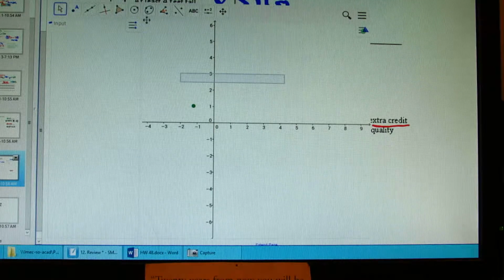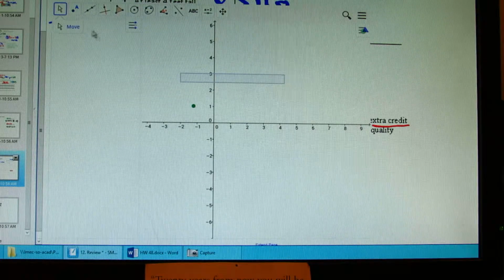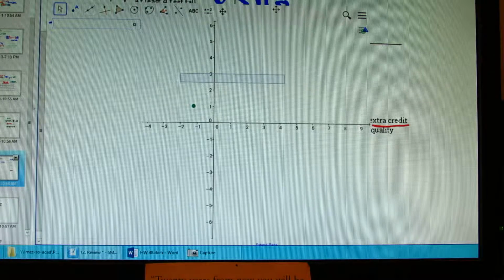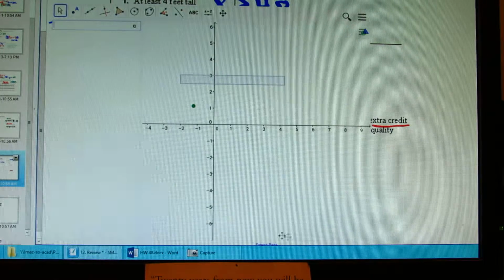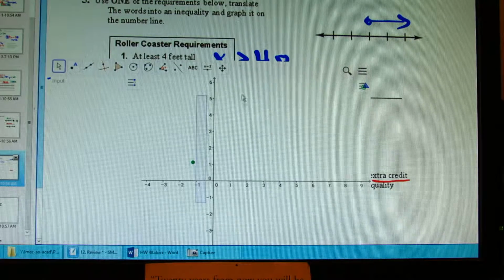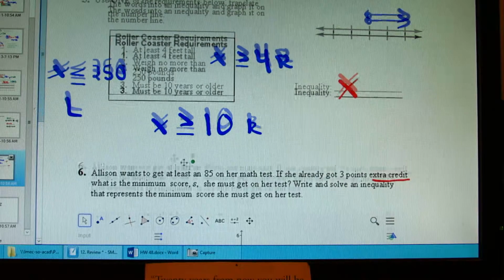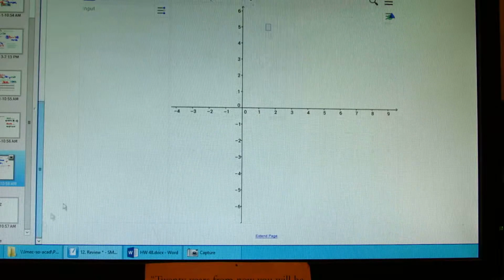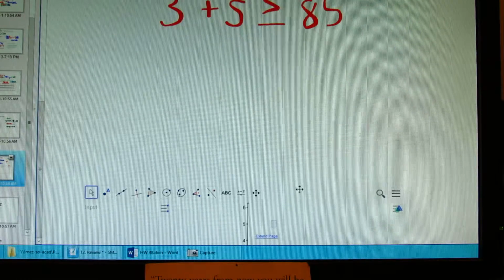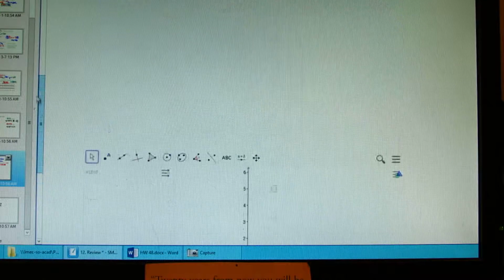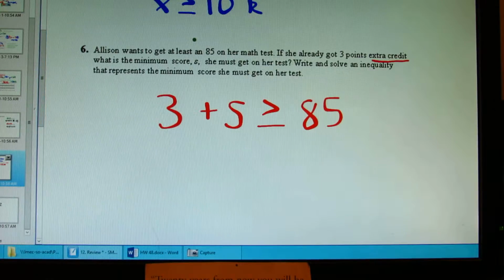How do I get rid of this board? I don't know. Oh, there we go. Good. I can move it out of my way. Because I don't want it here. Oh, keep moving. Get out of my way. Sorry, guys. Alright. Hopefully that's a little better.